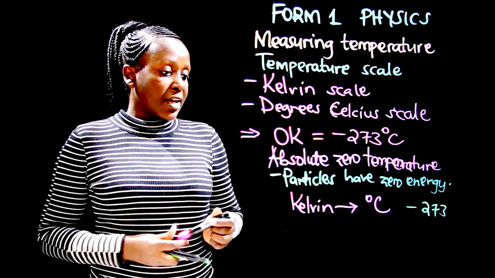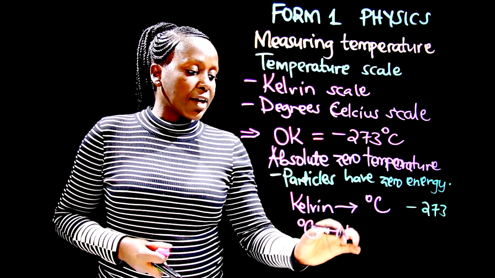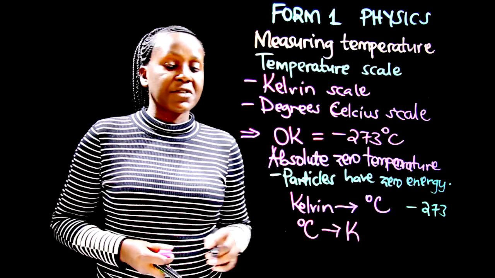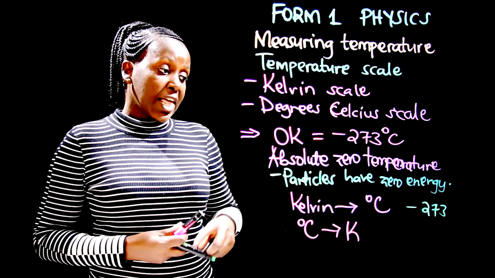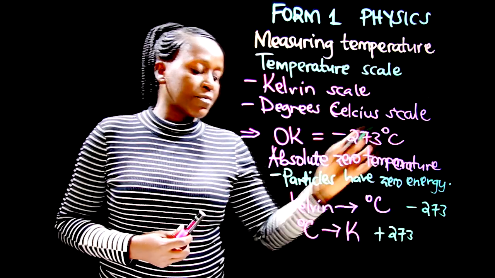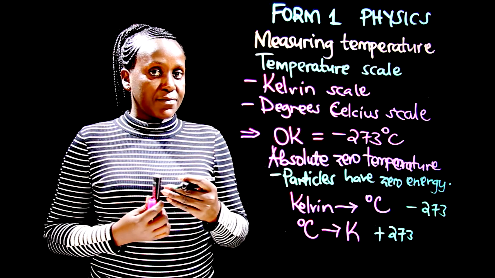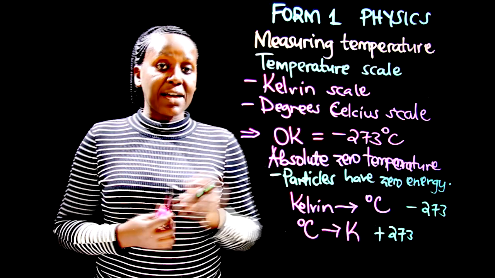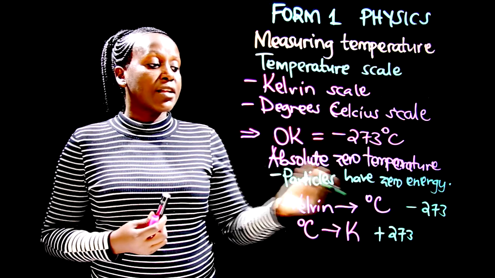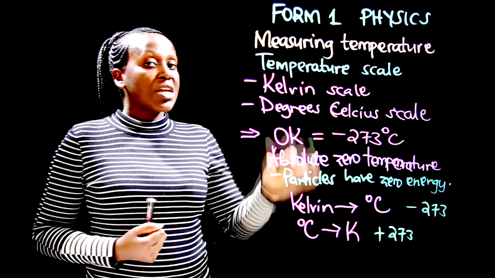And then as you convert from degrees Celsius to Kelvin, remember, Kelvin is denoted by capital K, then we add 273. So if you have 0 degrees Celsius and you want to convert it to Kelvin, you have to add 273 so that you get 273 Kelvin.